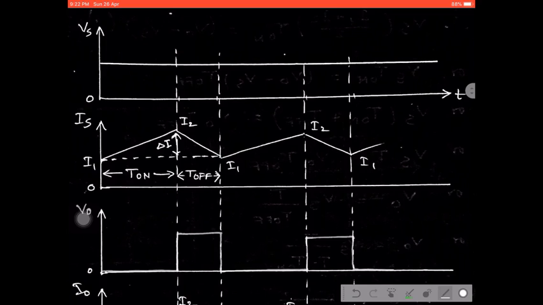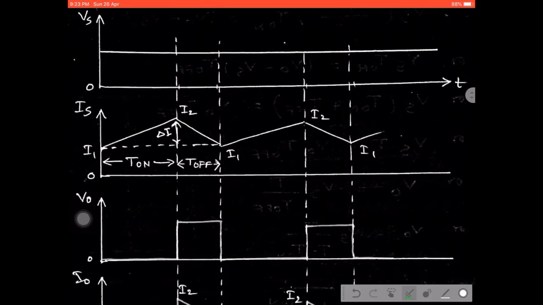That means the inductor current gradually increases from a low value to a high value during the on state. When the inductor is fully charged, during the off state, it starts discharging. So this is the waveform for the inductor current.